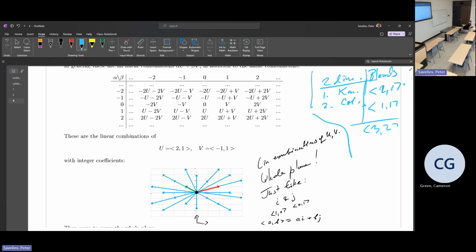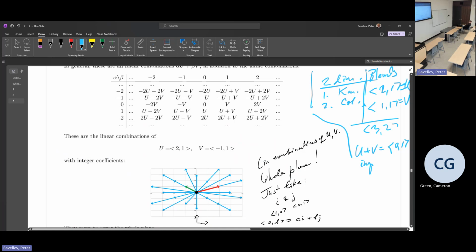Unfortunately, because both of them contain Kenyan coffee, I cannot, for example, get rid of the Kenyan coffee. So that's an impossibility problem. For example, if this is U and this is V, you might require U plus V equal to, say, 0, 1, and this is impossible because each of them contains some of the Kenyan coffee, so I cannot have 0 there.